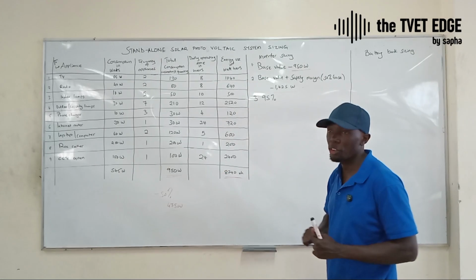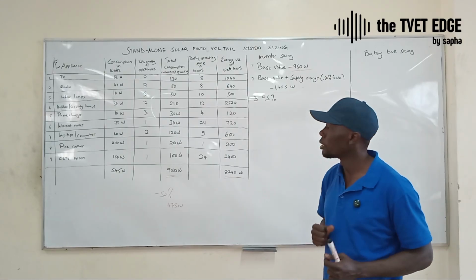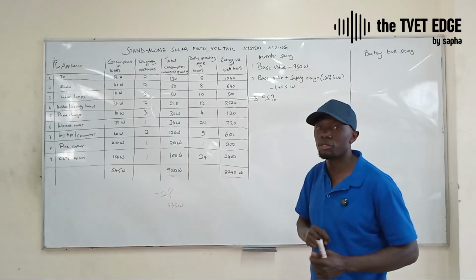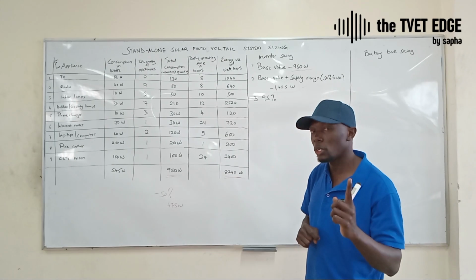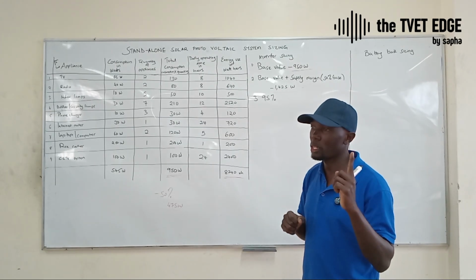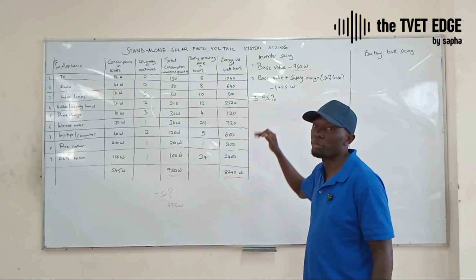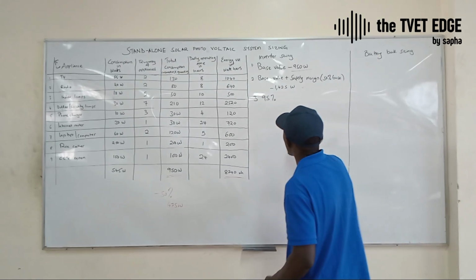If our inverter is 95% efficient, and it's supposed to deliver 1425 watts, remember, that is the base value plus the safety margin. Please remember that.